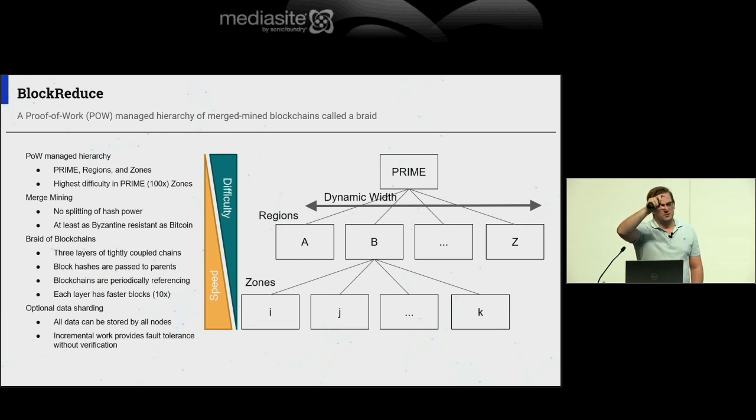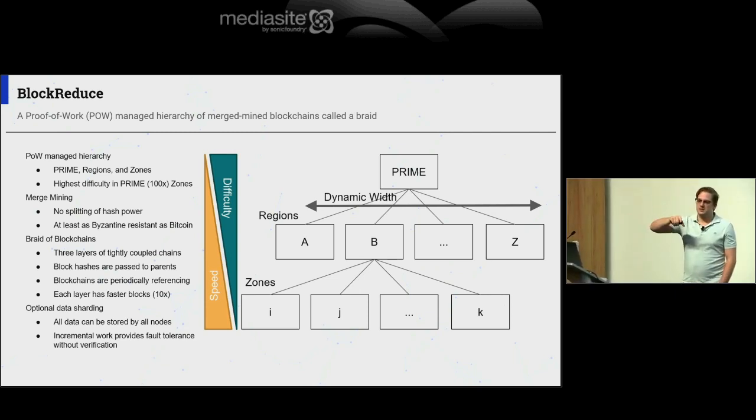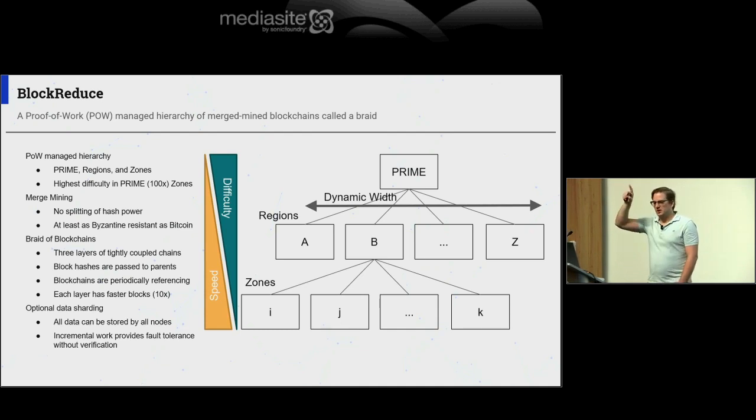So a block for a zone contains some superfluous data that could potentially have also been useful if that header had been found as a prime block or as a region block, but is essentially superfluous in the context of only being found as a zone block. But in doing that, I can make my zone miners simultaneously mine my regions and simultaneously mine my prime, so I'm not actually sharding proof of work, which is very important if I want to maintain a Byzantine fault-tolerant system.